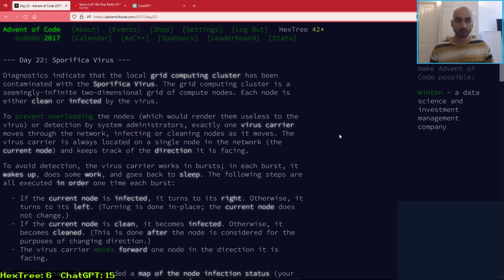To prevent overloading the nodes, which would render them useless to the virus, or detection by system administrators, exactly one virus carrier moves through the network, infecting or cleaning nodes as it moves.